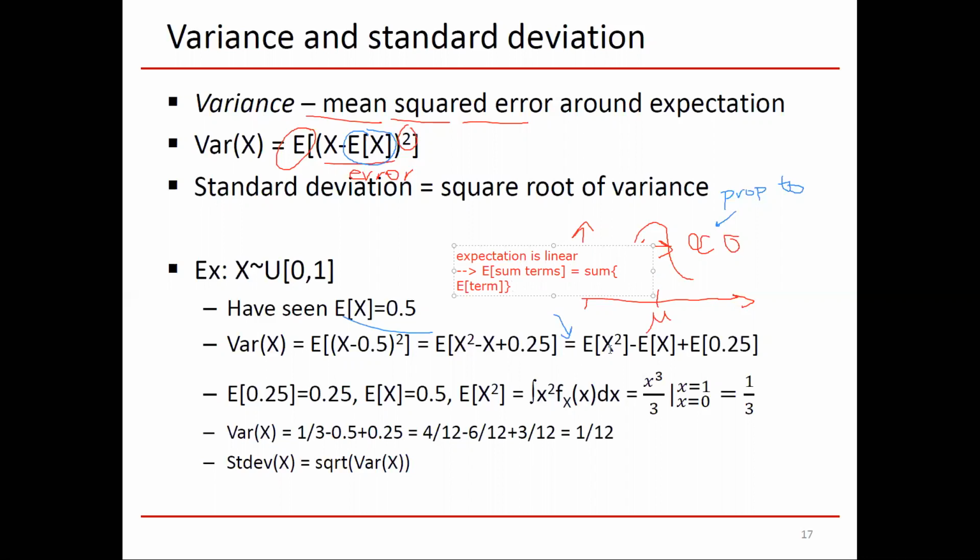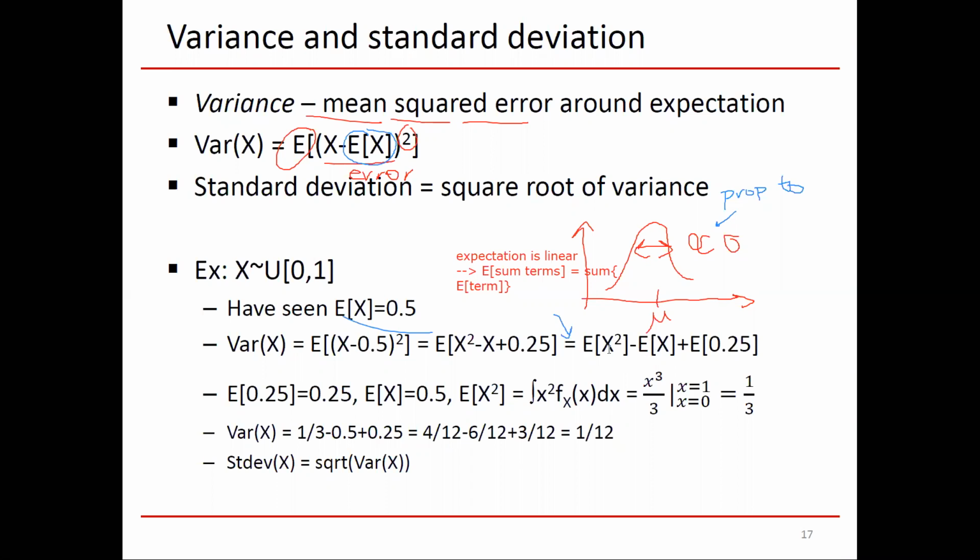Okay, so we have the expected value of x squared minus the expected value of x plus the expected value of a quarter. Well, a quarter is a constant. It's always a quarter, and therefore the average, the expected value of a quarter, is a quarter. We know that the expected value of x is half. We saw that on the previous slide.